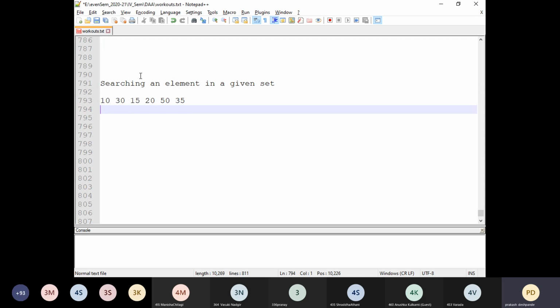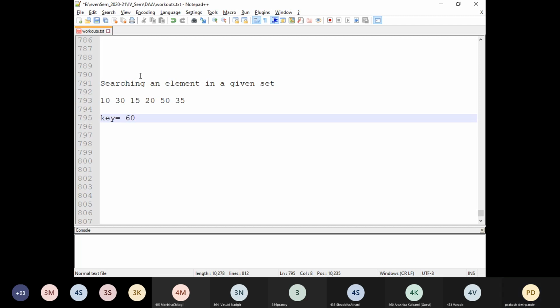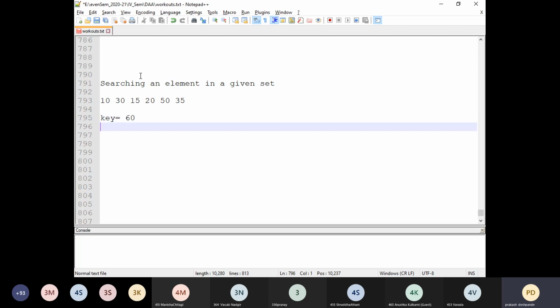Assume there are some numbers here. I want to search, and the search element, the key value, is say 60. Here the solution can be of two kinds: the element might be present or the element might be absent.